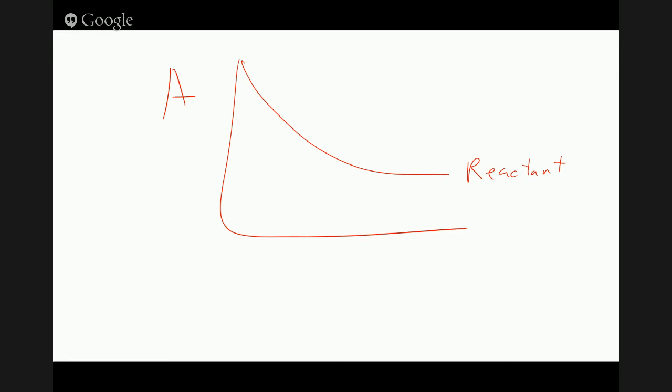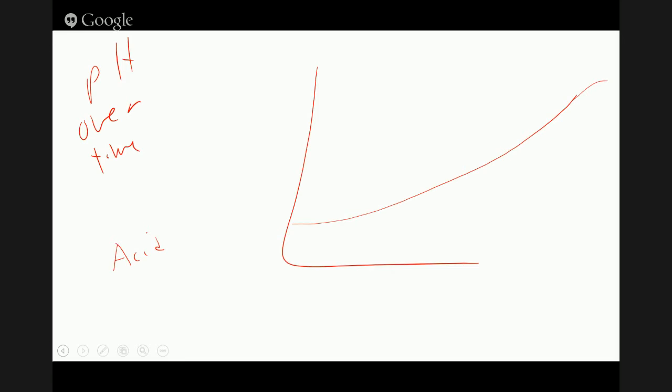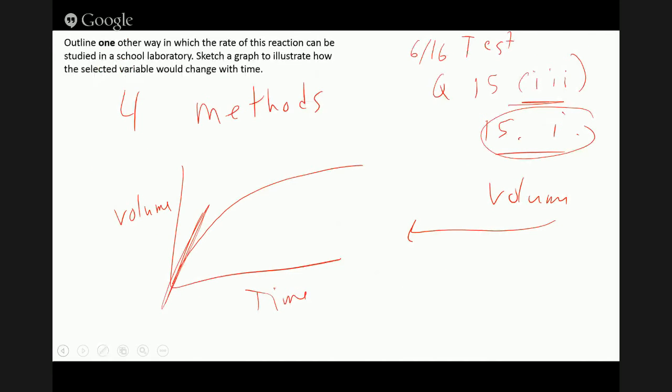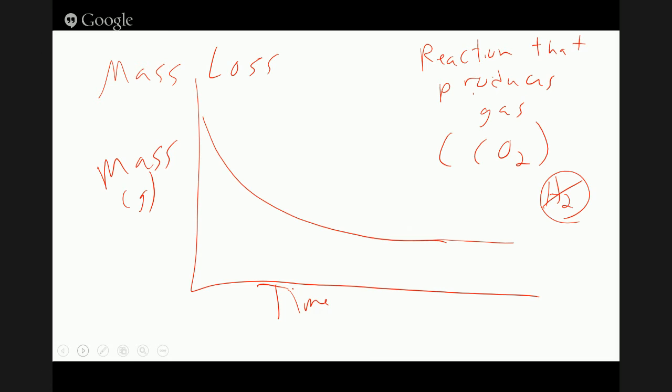So this particular question, if I'm going to go back a few slides now, is how could we study rate of reaction, not what variables can affect rate of reaction. And so admittedly, I think it's not a very well worded question, but it didn't ask for variables. None of these methods are the variable being changed.